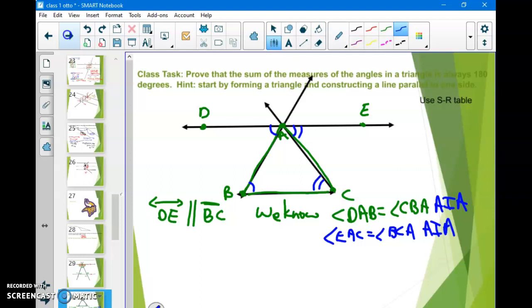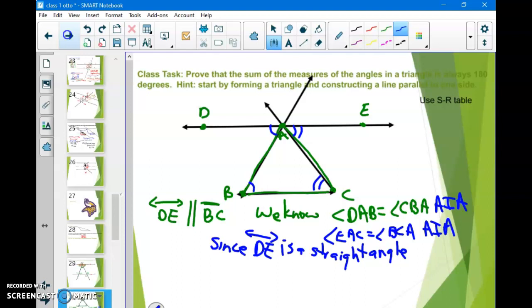And since we're going to call it DE, that line is a straight angle. Now, we've used that fact a couple times, haven't we? That a straight line equals 180.